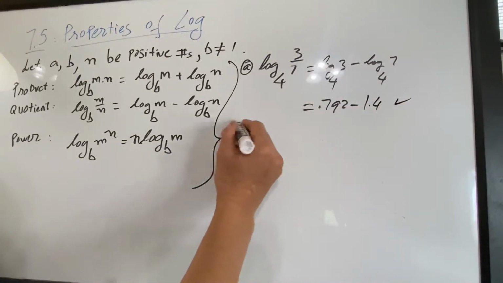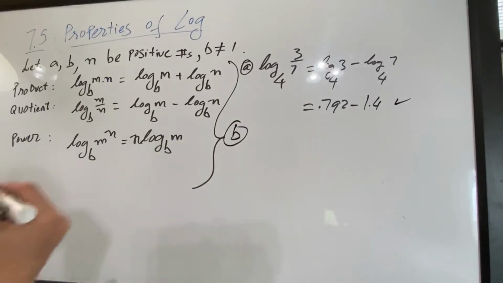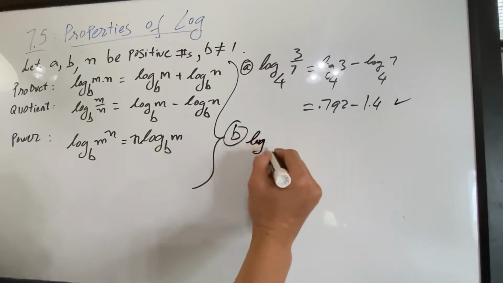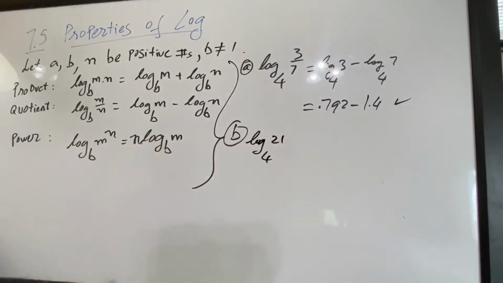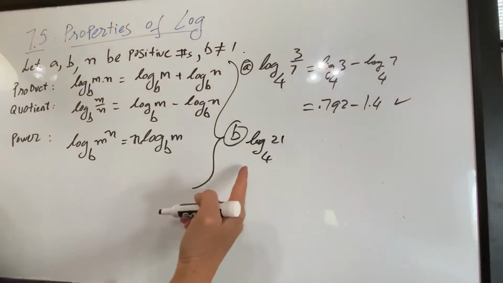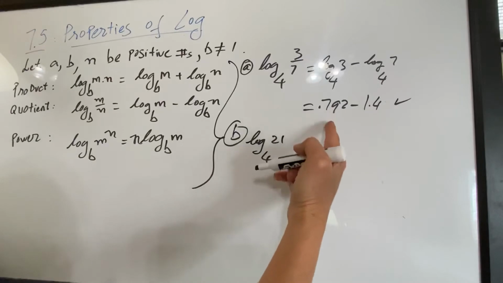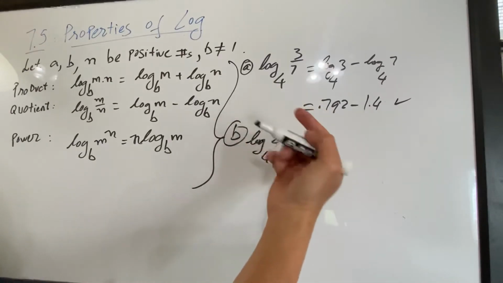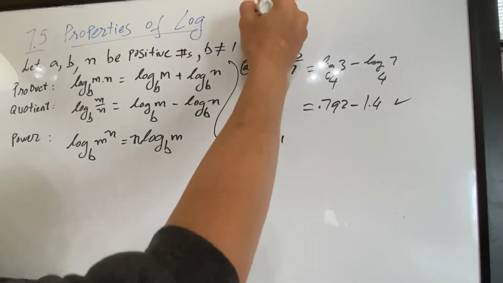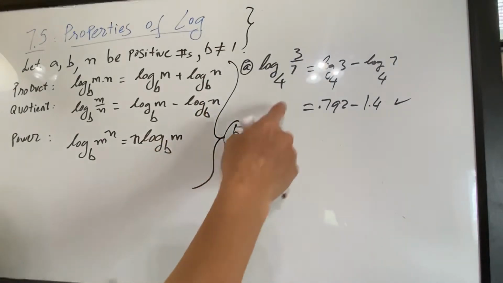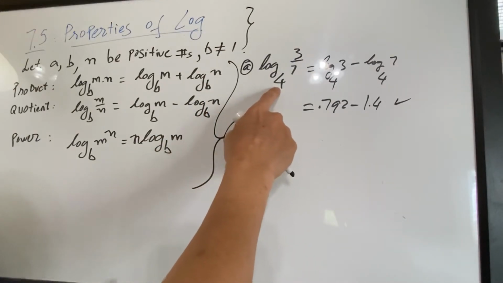What about B? Part B, you have log base 4 of 21. There we go. What do you do with that? Well, you see I do this. Why do I do this? Because in example 1, they gave you the values, okay? Sometimes in your calculator, you have to adjust your base.